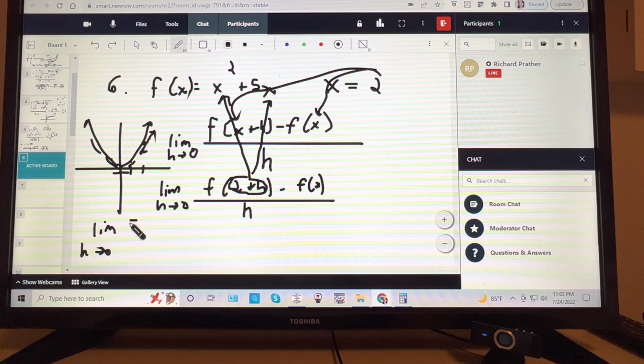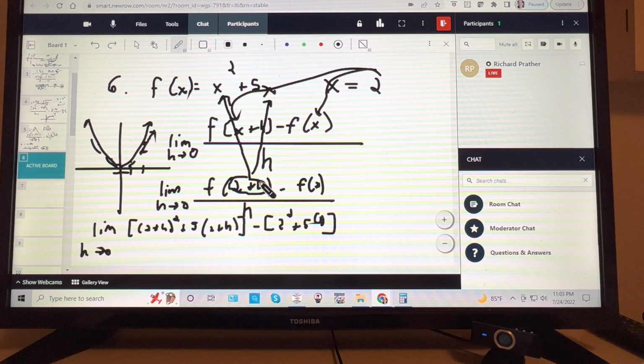So I like to put a bracket around this to know when it starts and stops. So I'm going to have a 2 plus h squared for this part, plus 5, and then another 2 plus h right there. This whole expression is f of 2 plus h. Minus f of 2, now just stick 2's in for each of those slots. 2 squared plus 5 times 2.